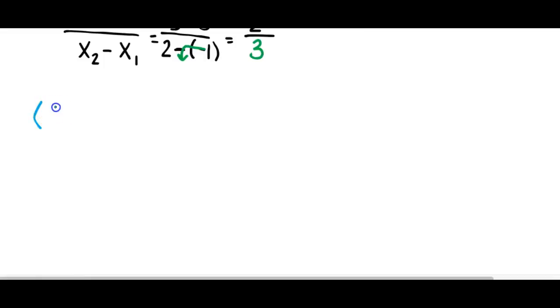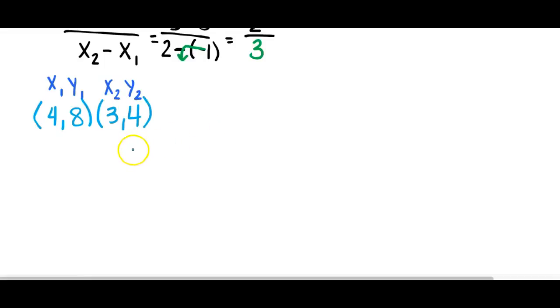Let's try 4, 8, and 3, 4. I really like listing my x's and y's on top just in case there's confusion, especially when I'm starting this. I haven't done this in a little while.